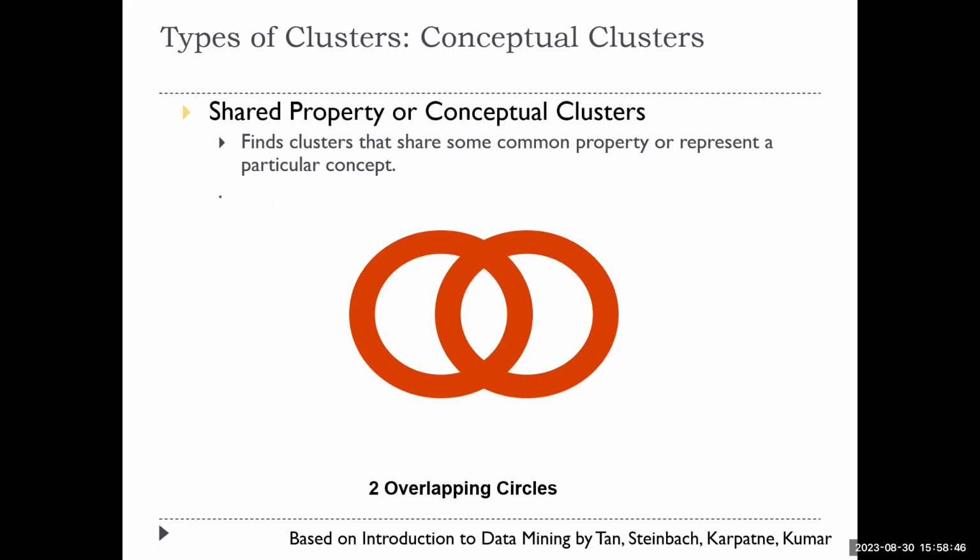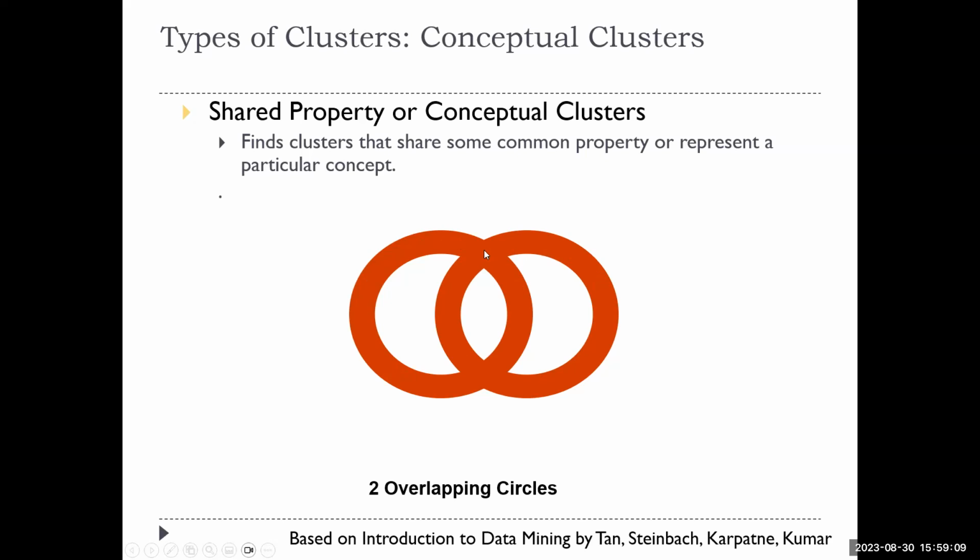Shared property. It is hard to, in this case, there are two clusters, okay? One of them is this circle, the other one is this circle. Okay? Two clusters. The data that belongs on this circle belongs to the first one. The data on this area belongs to the second circle.